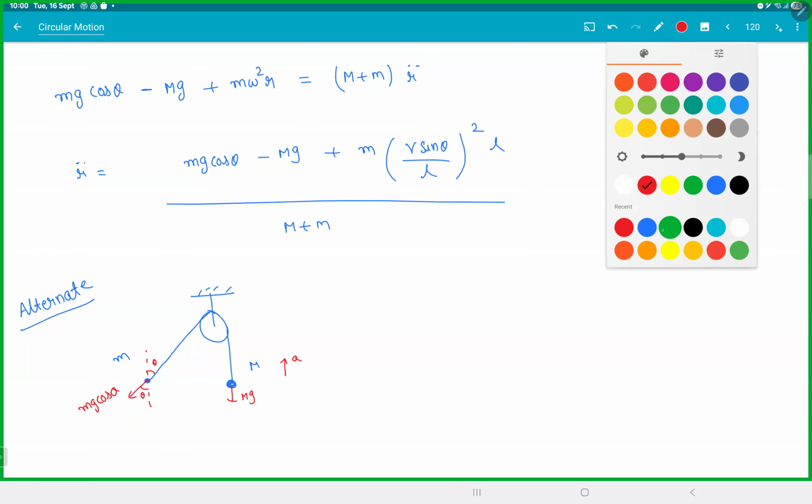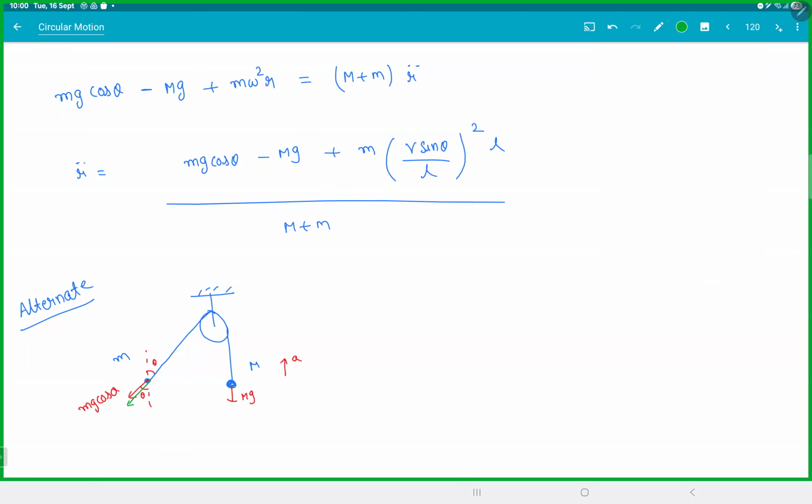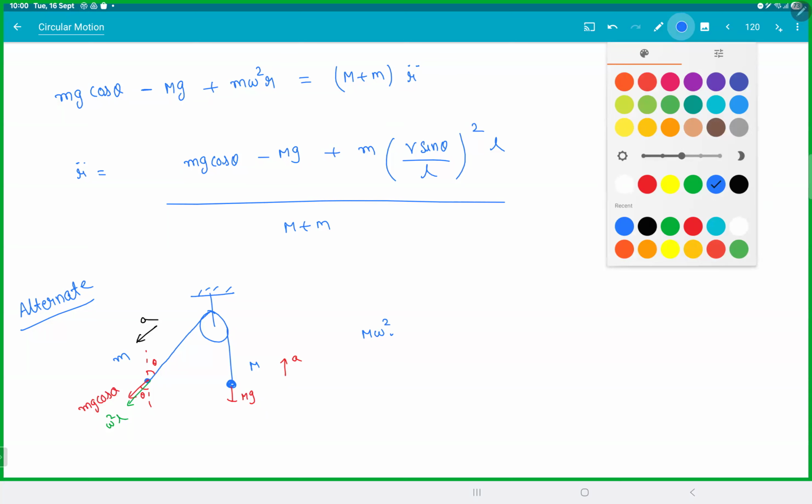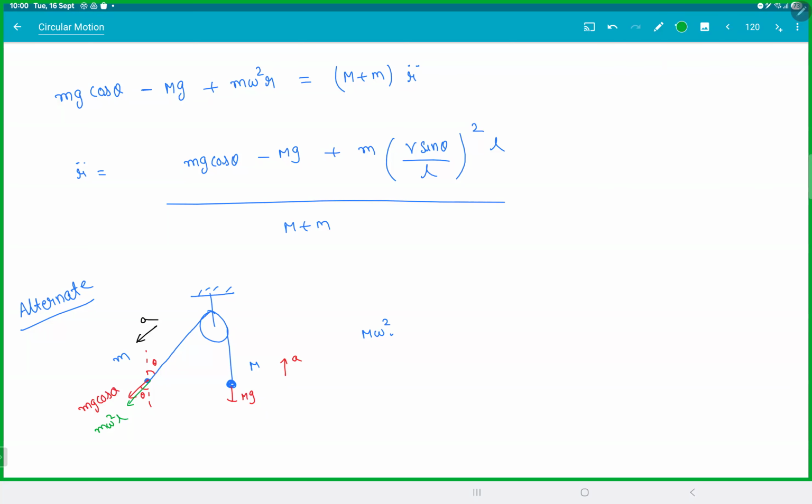Plus, since you're going in a circle, there will also be a centrifugal force, which is m omega square L. So let this be acceleration A and let this be acceleration A. So the net pulling force will be small m omega square L, that's the centrifugal force along the string, plus mg cos theta. These both together are pulling the thing down, and mg is opposing, and the total mass is M plus m, which gives your A radial.